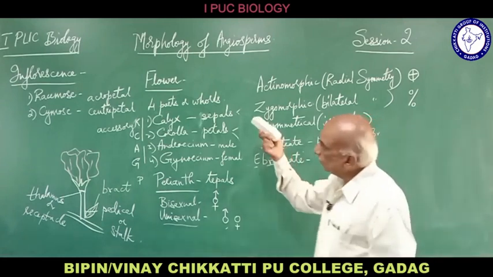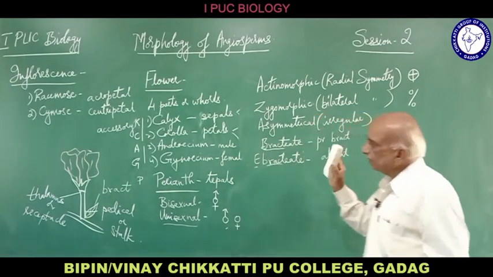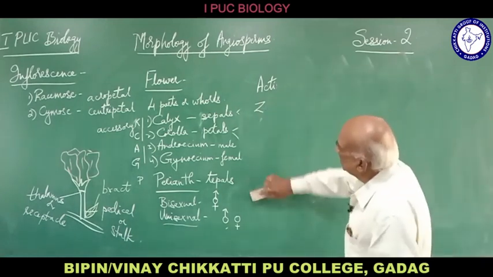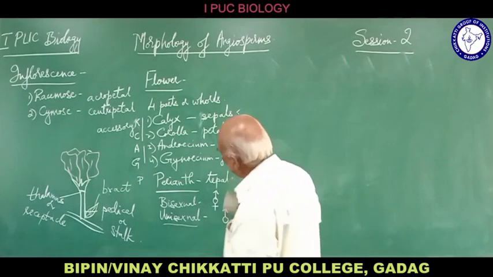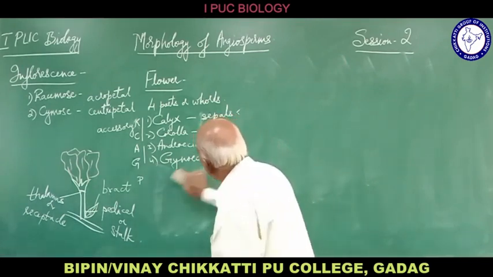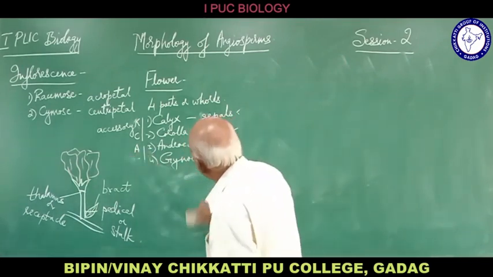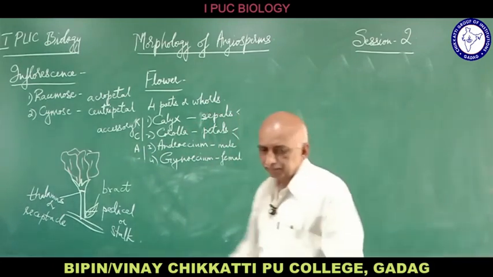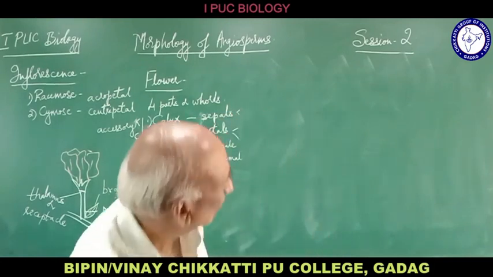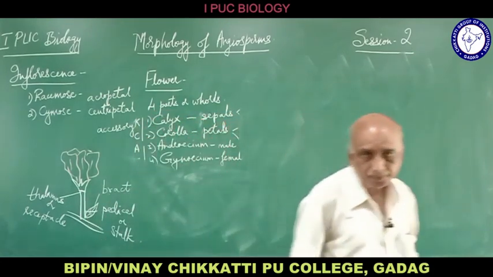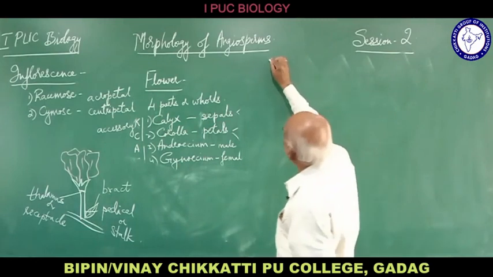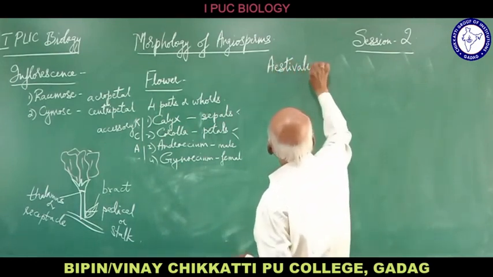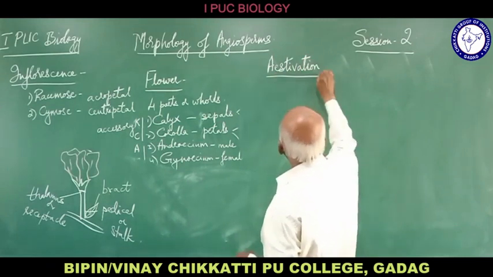So that is about the parts of the flower. Now related to calyx and corolla, we are studying some aspects here, and then we will be studying about the androecium and gynoecium. The sepals and petals in a flower have different types of arrangement.